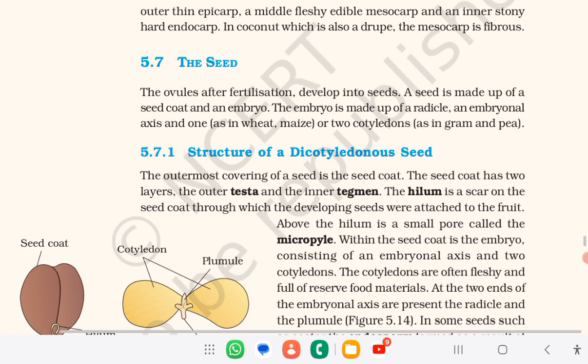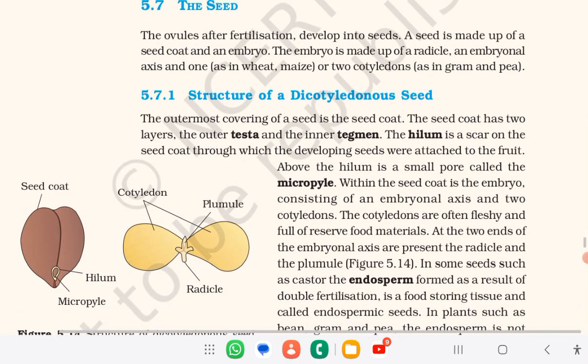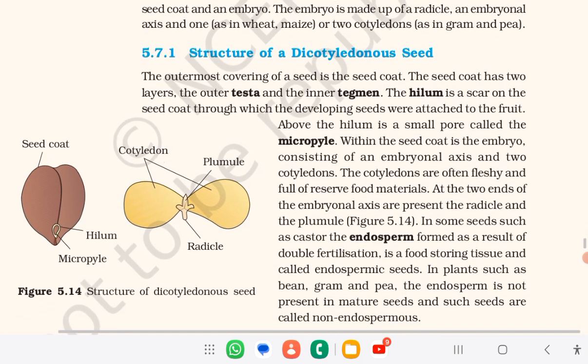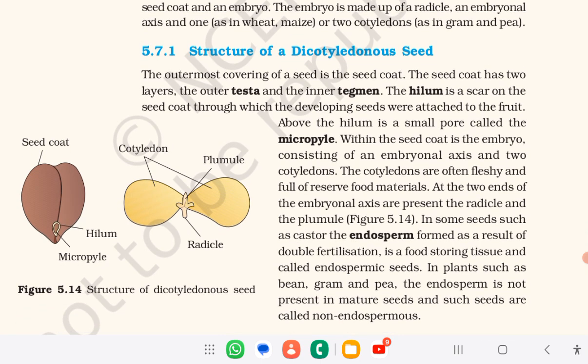Number 1. Structure of a dicotyledonous seed. The outermost covering of a seed is the seed coat. The seed coat has two layers, the outer testa and the inner tegmen.